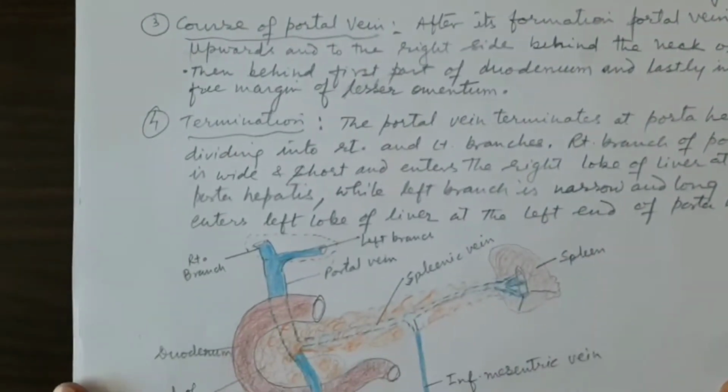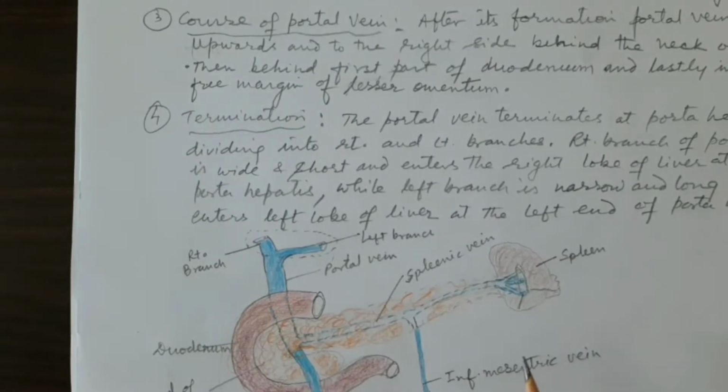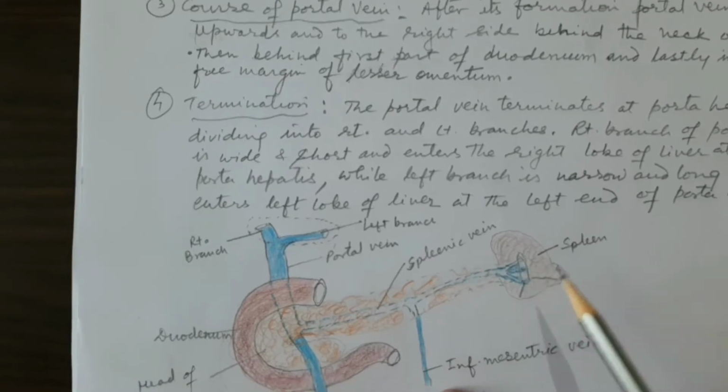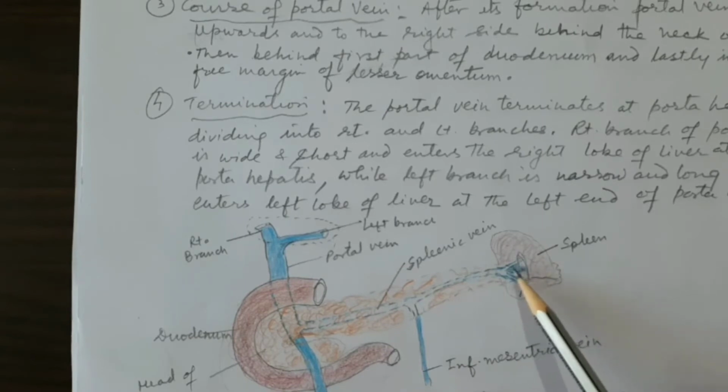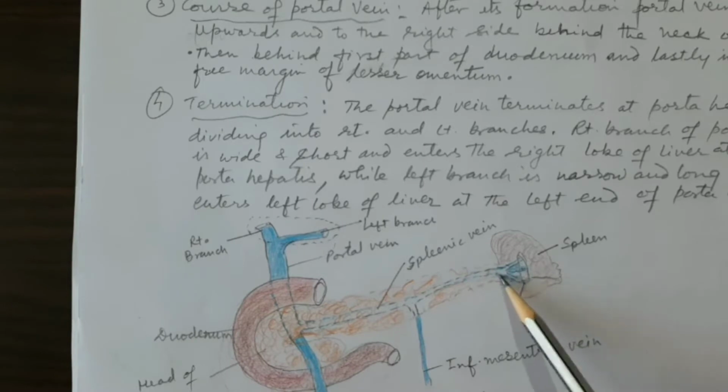Let us see in this diagram the formation of the portal vein. This is the spleen. You see, this is the porta hepatis. This is the hilum of the spleen, and through this hilum, multiple veins come out and form a single splenic vein.